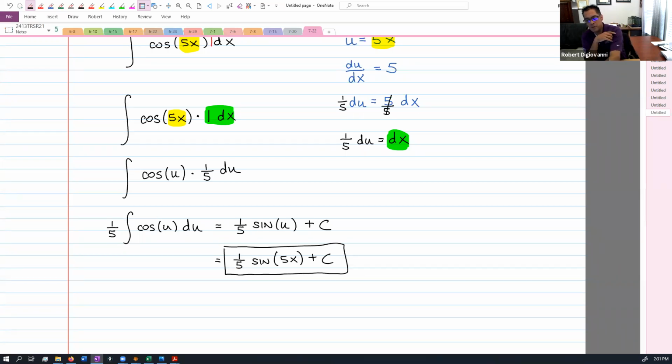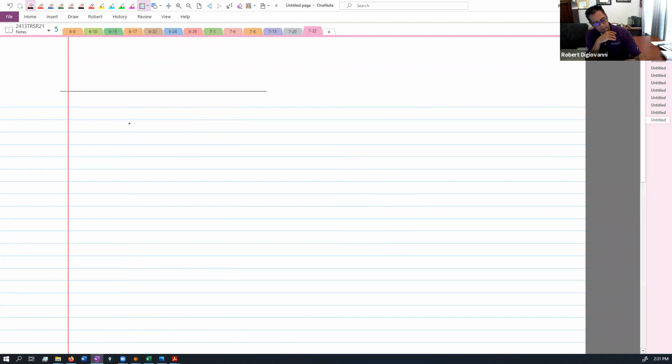Let me give you another problem. Very similar. What if I said cosine of 10x dx? Well, we could do the same thing, couldn't we? u is 10x. The derivative of that is 10. We're off by 10, so we would have to divide by 10.